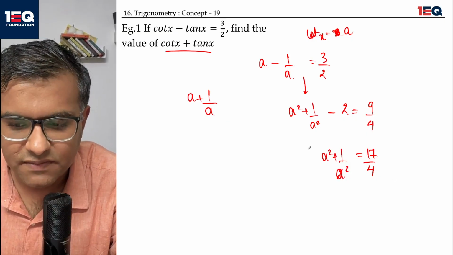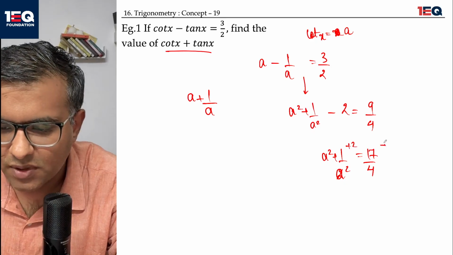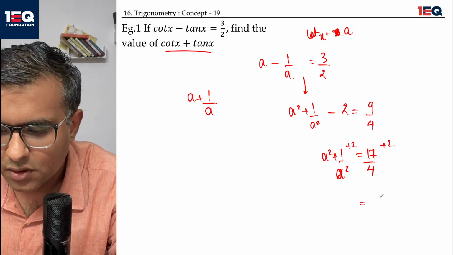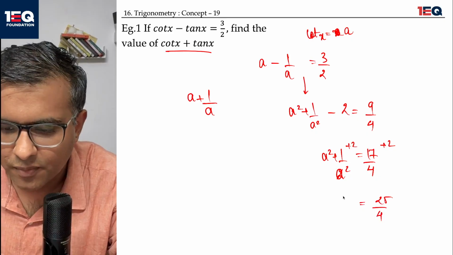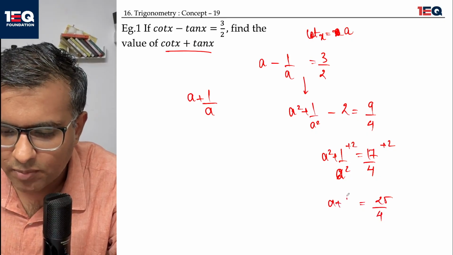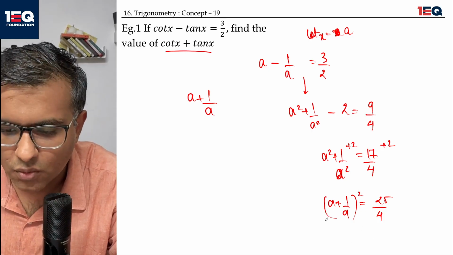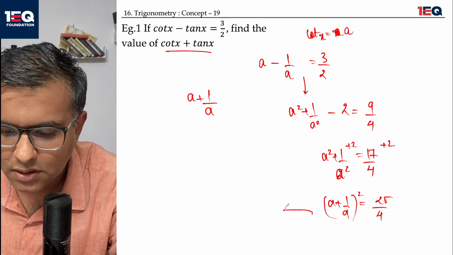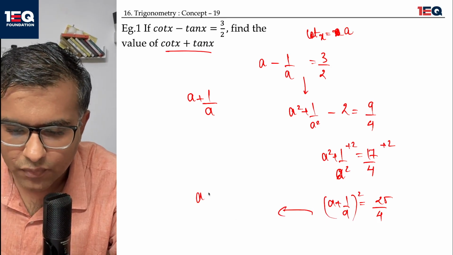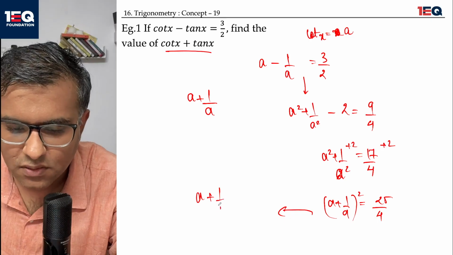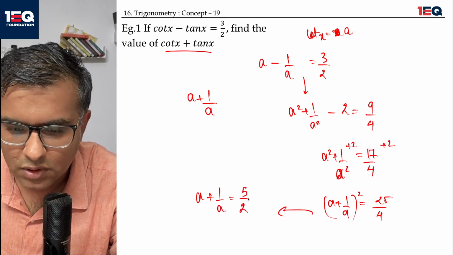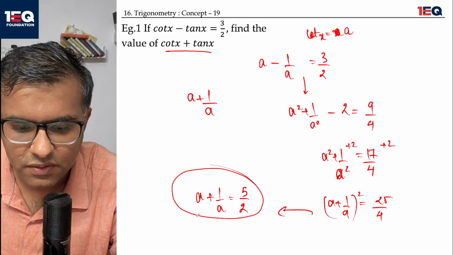To reach a plus 1 by a, I need to add plus 2 on both sides. This would give me 25 over 4, and this would give me a plus 1 over a whole squared. If I now take the root on both sides, I would achieve a plus 1 over a being equal to 5 by 2, and this was the answer that I was looking at.